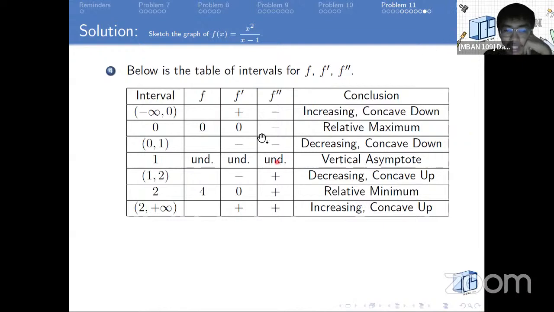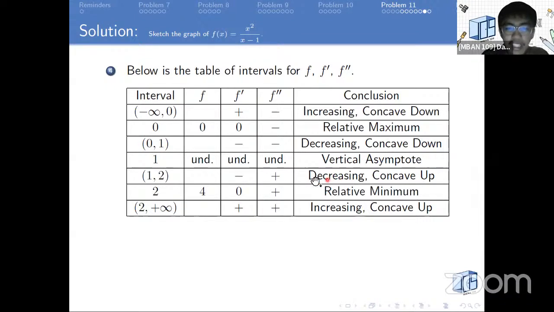Tapos dito naman, f prime is negative, so decreasing siya at open interval 0, 1. Tapos concave down dahil negative naman yung f double prime of x at open interval 0, 1.